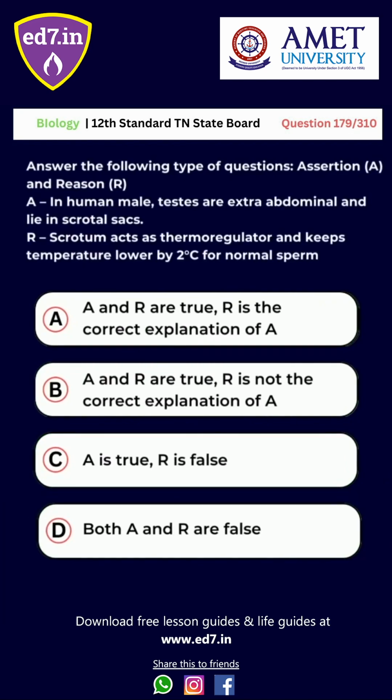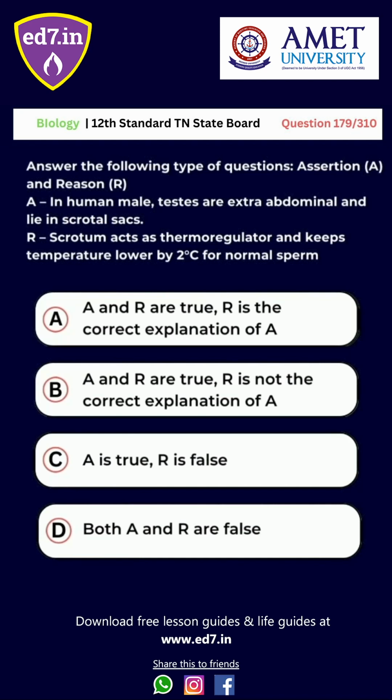Question number 179. Assertion: In human male, testes are extra-abdominal and lie in scrotal sacs. Reason: scrotum acts as the thermoregulator and keeps temperature lower by 2 degrees Celsius for normal sperm production.